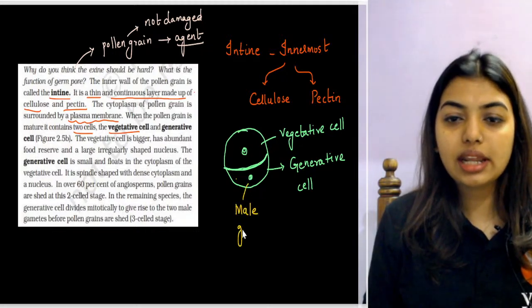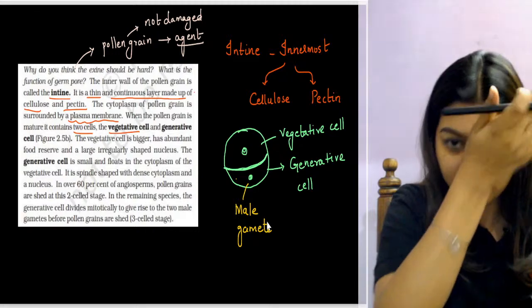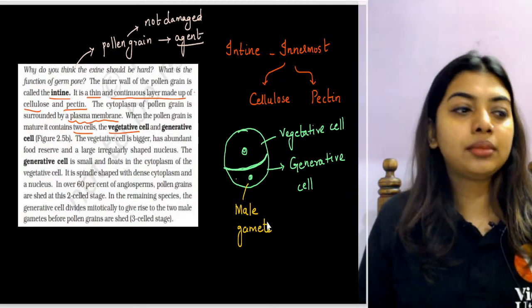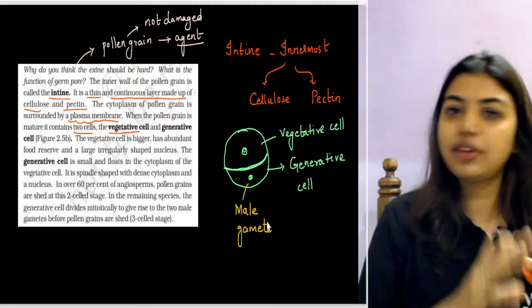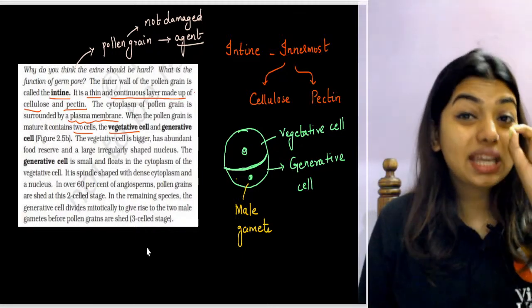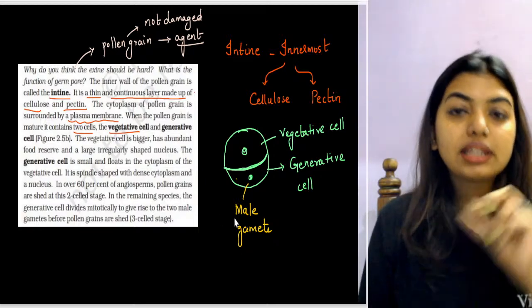Because pollen grain is a gametophyte. Definitely pollen grain is the male gametophyte, no doubt in that. Male gamete is going to be formed from the pollen grains. The male gamete that will go and fuse with the egg is going to be present in the generative cell.